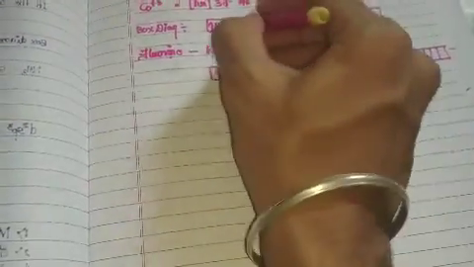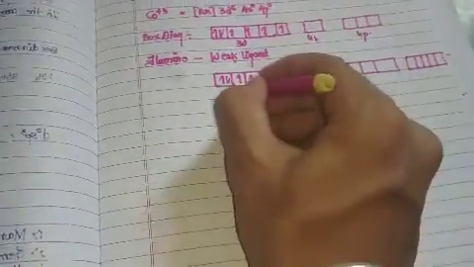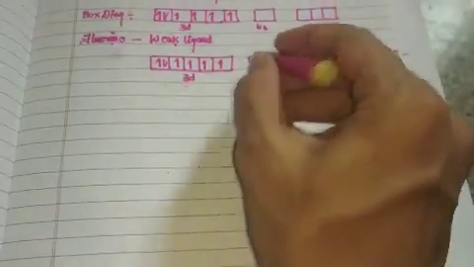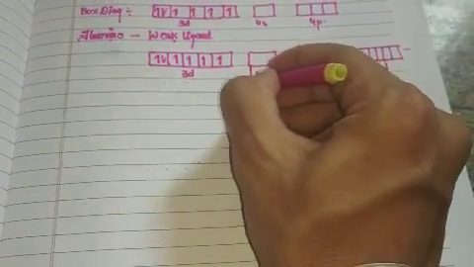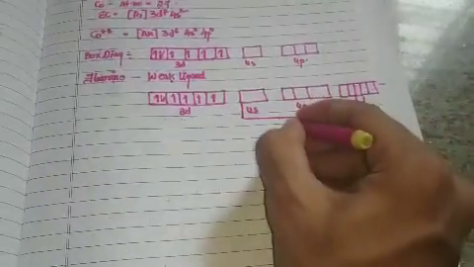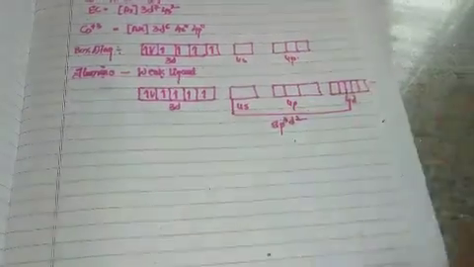So this is your 3d. This is your 4s. This was your 4p. Here also now your 3d. Here is your 4s. Here is your 4p. This is your 4d. Since now it has to take the vacant orbitals, now it is choosing 1s, 3p and 2d. So undergoing a hybridization of sp3d2.